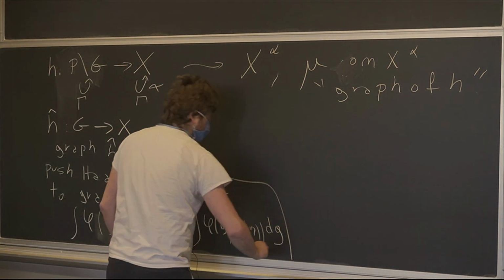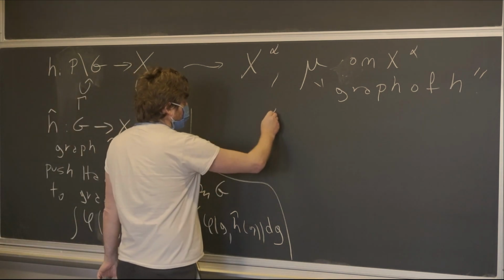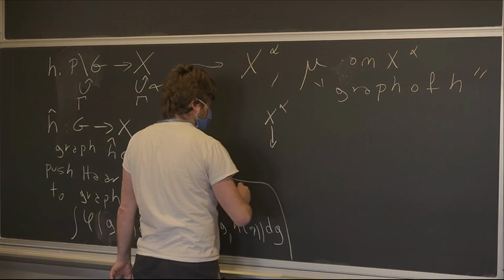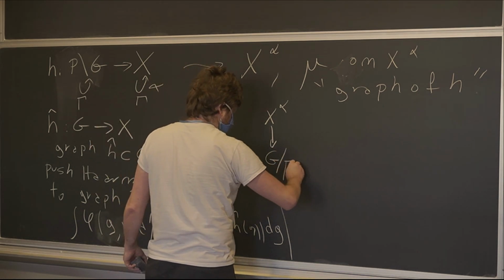And then we can check the equivariance of H will imply that if I restrict to a fundamental domain, this gives me a well-defined measure mu on the quotient space.